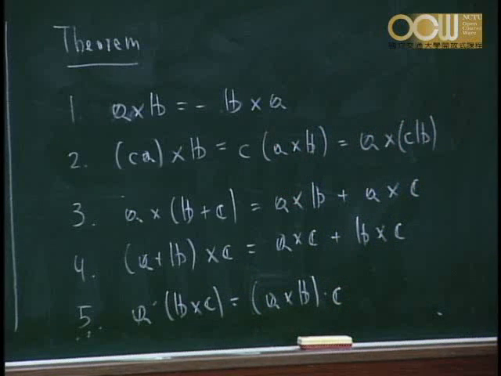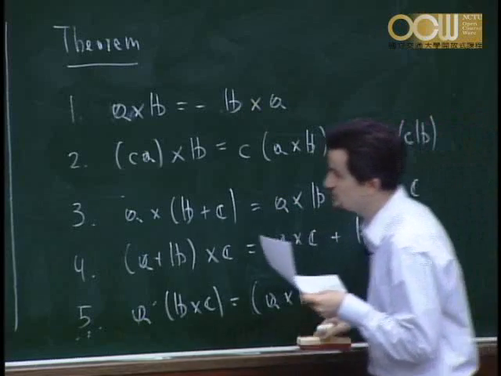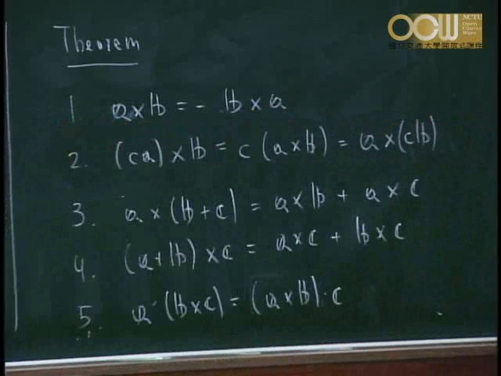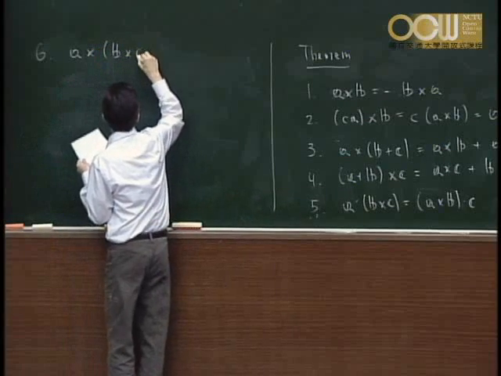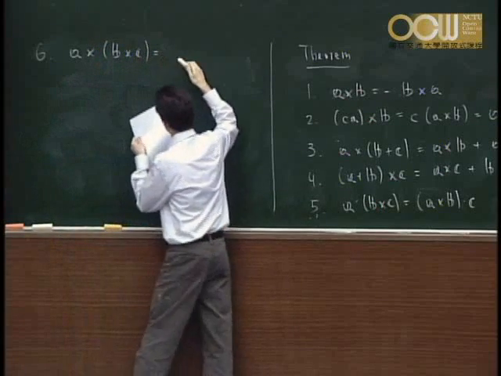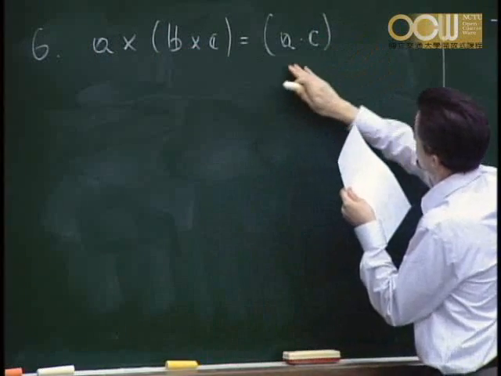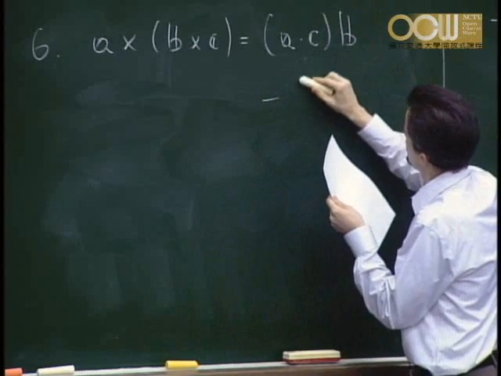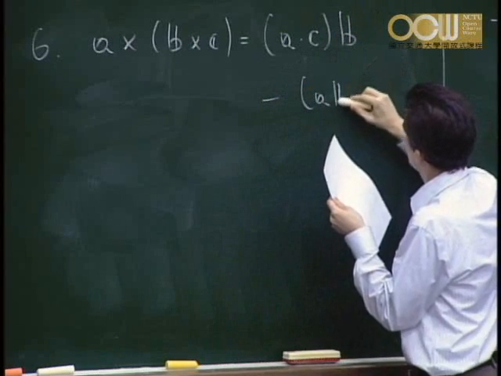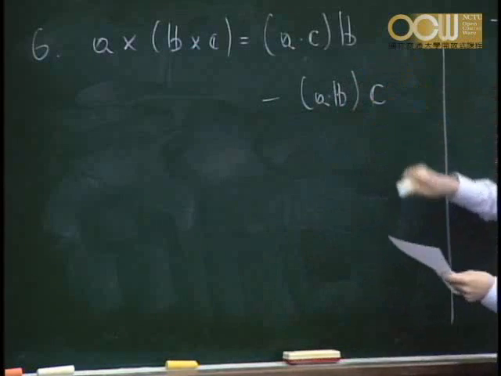This is kind of a more exotic rule, but we will need it later on. And then a times b times c is equal to the dot product of a and c, which is a scalar, so the scalar product with b, minus the dot product of a and b, also a scalar, so the scalar product with c.